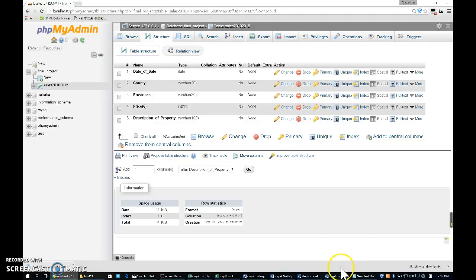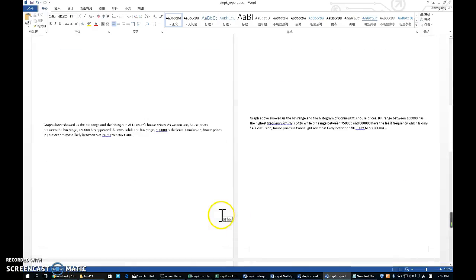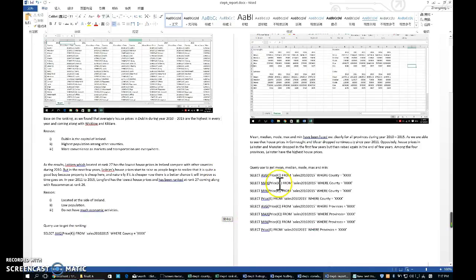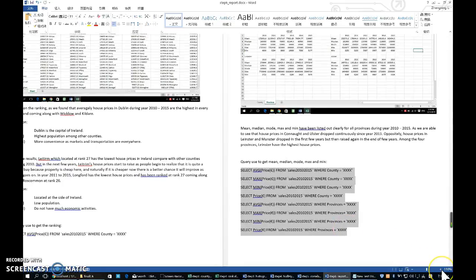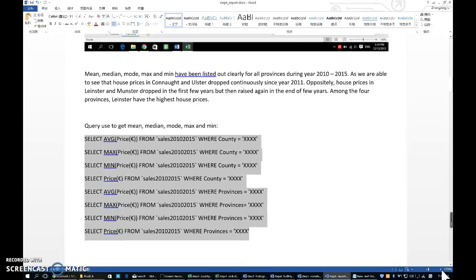And as for the MySQL queries, this is a query we use for the questions in step 3.